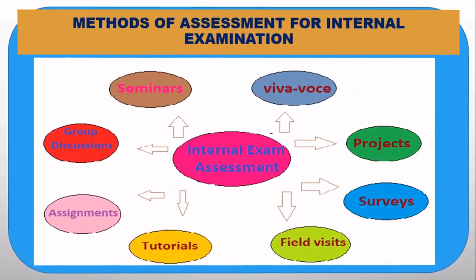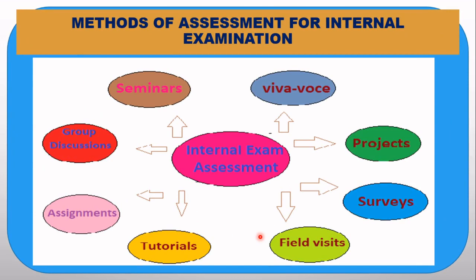Now internal assessment can be done by using all these methods. So for the internal assessment, a teacher can conduct seminars, vivas, he can allot projects to students, he can also offer surveys, manage some field visits, give some tutorials, some assignments to students, and also conduct some group discussions, and through all these, internal assessment can be done.